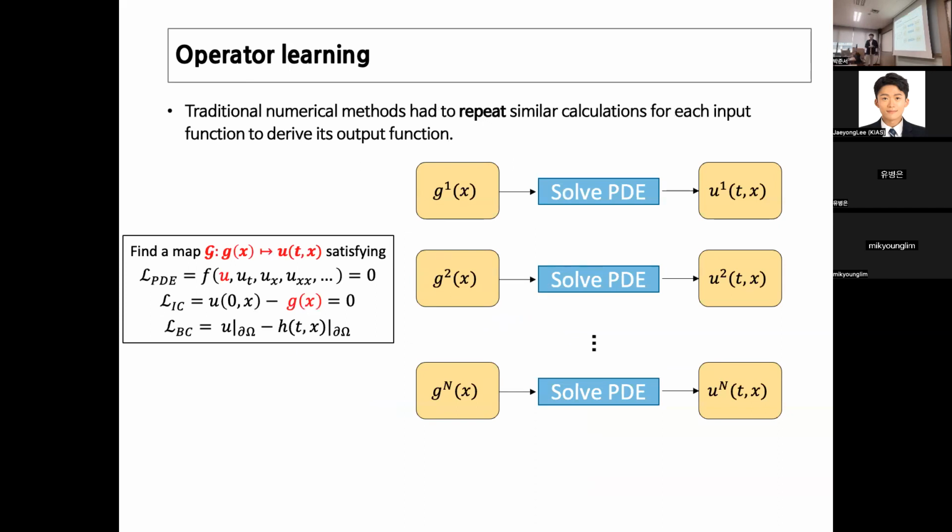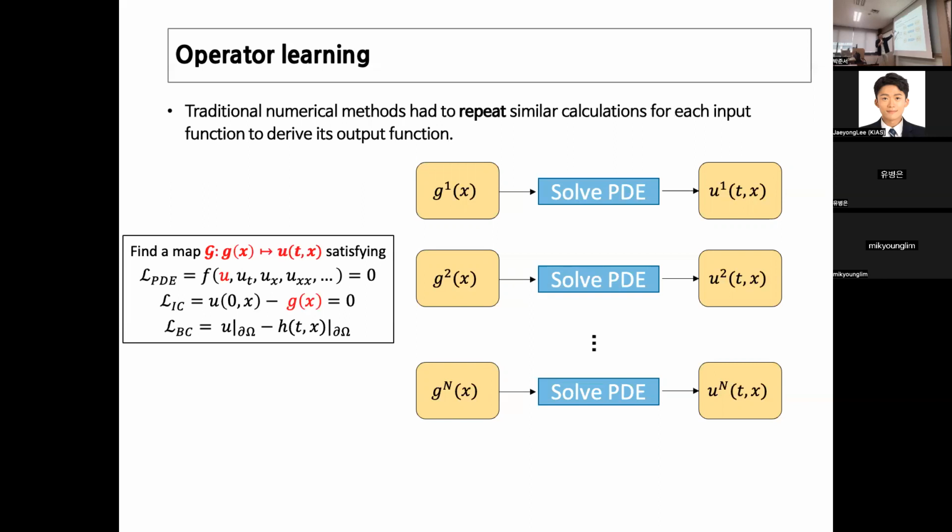Traditional numerical methods can also be used to solve these PDEs and this operator. But when we use a traditional numerical method, we have to solve the PDE for different initial conditions.